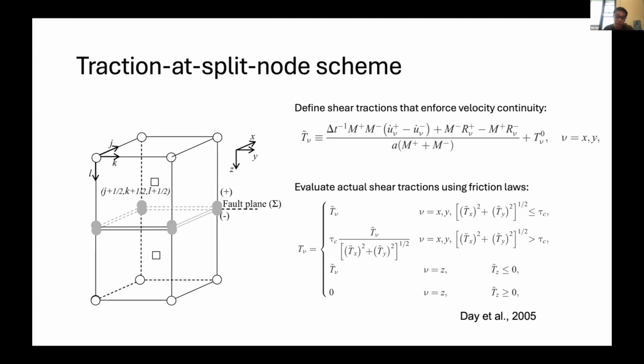The split nodes will start to slip relative to each other, and then you have this spontaneous dynamic rupture that occurs. So this is the logic, this is the background of the implementation of the friction law in EQdyna.